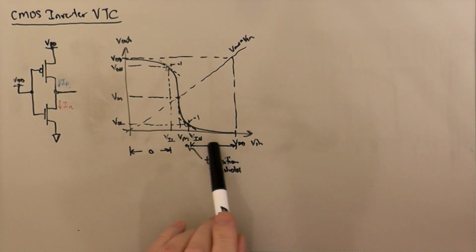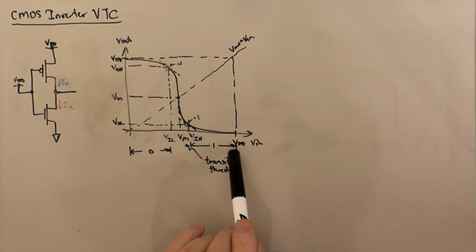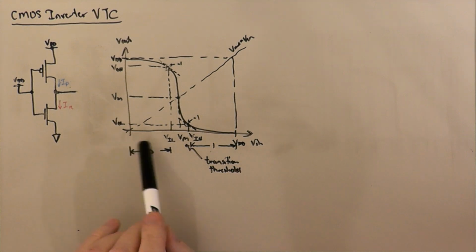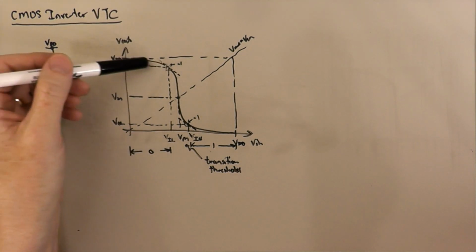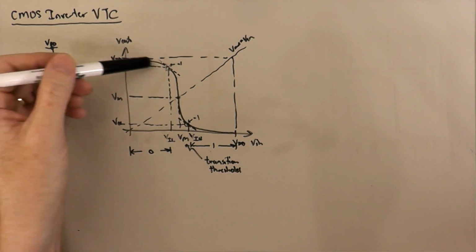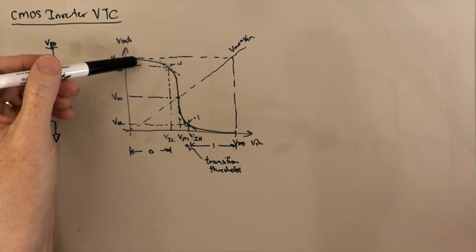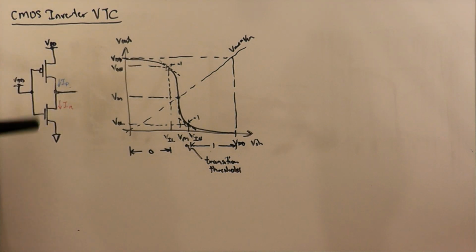If I'm in this range or this range, any noise on my input signal will not be amplified, it will be attenuated, because the slope of the tangent line of this characteristic is the gain of the circuit as an amplifier.